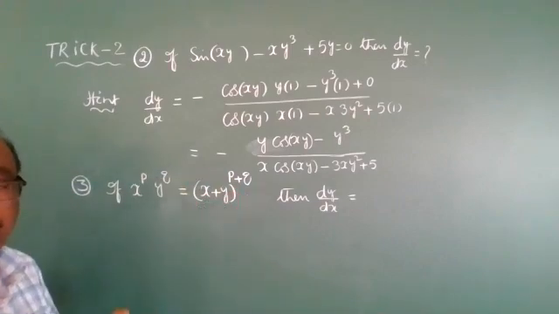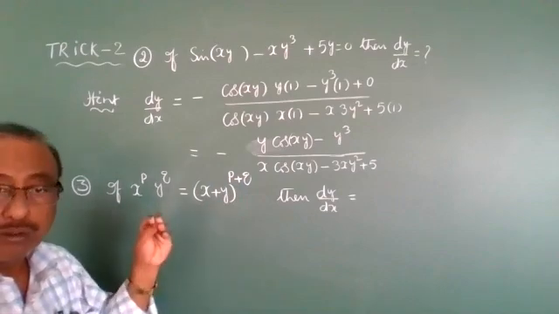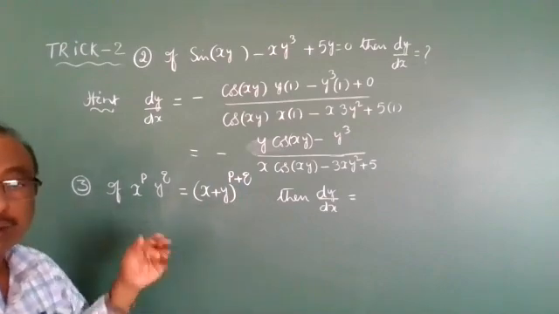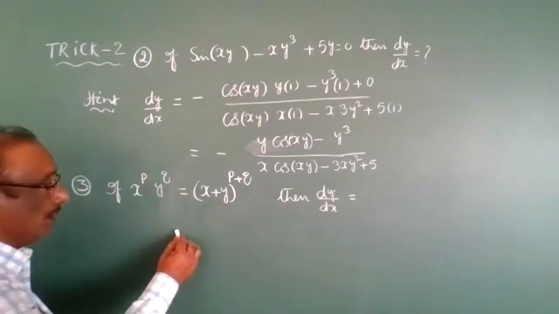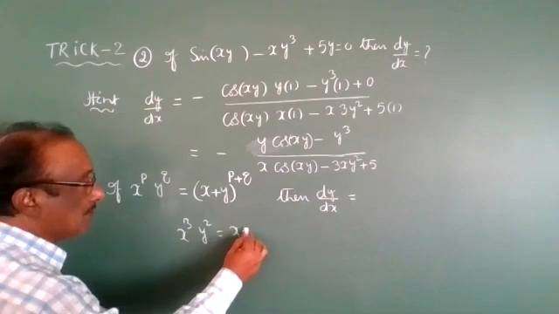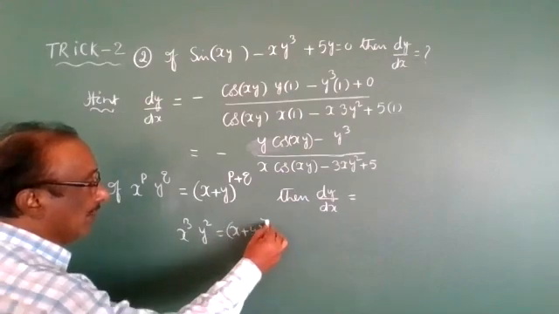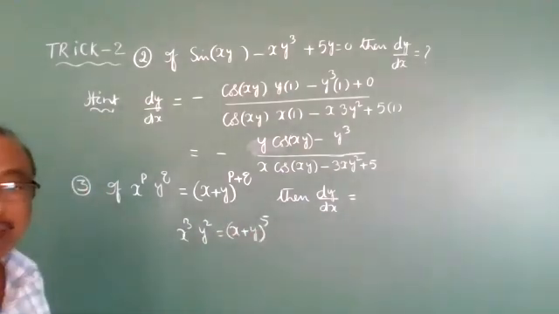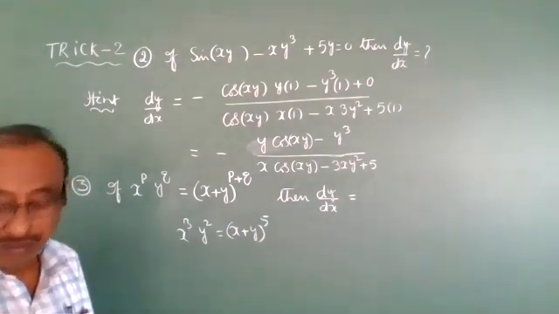Everyone remember, the majority of people just remember the answer. So for any problem like x cube into y square is equal to x plus y whole power of 5, the answer dy by dx is y by x.